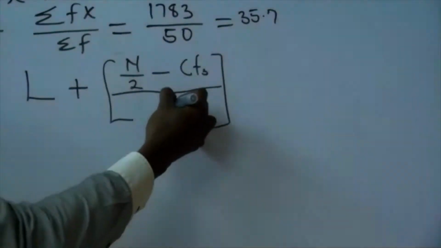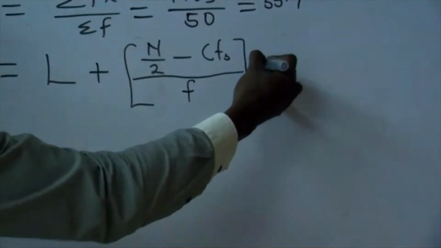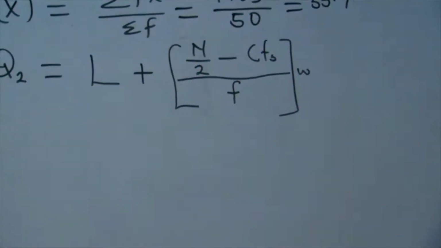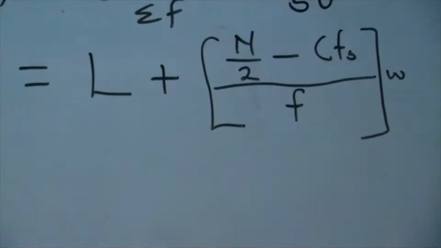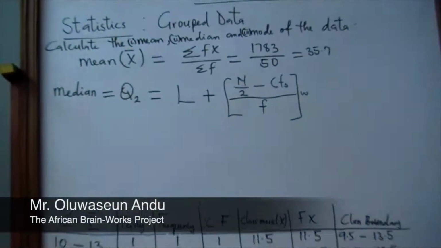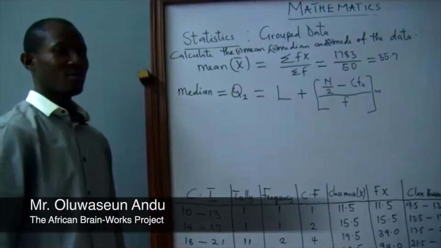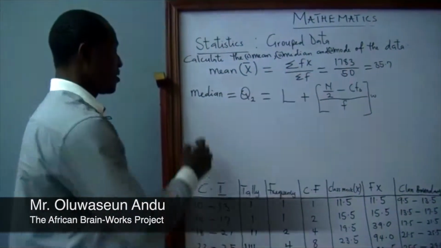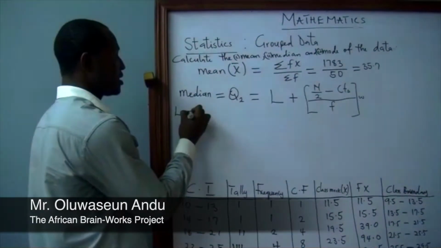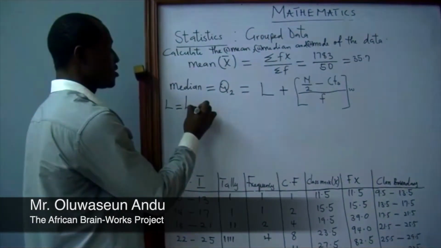This formula is what we are going to use to obtain the median under grouped data. L stands for lower class boundary.